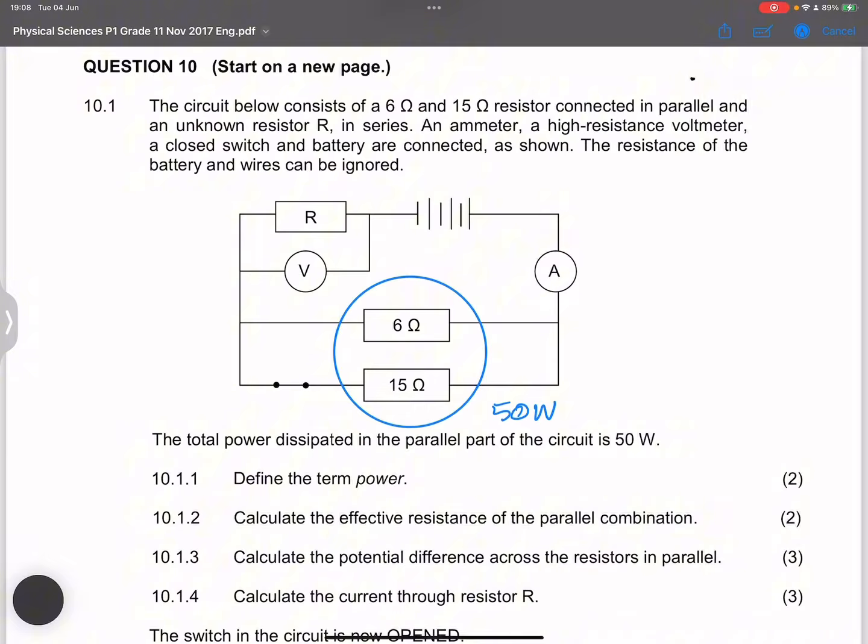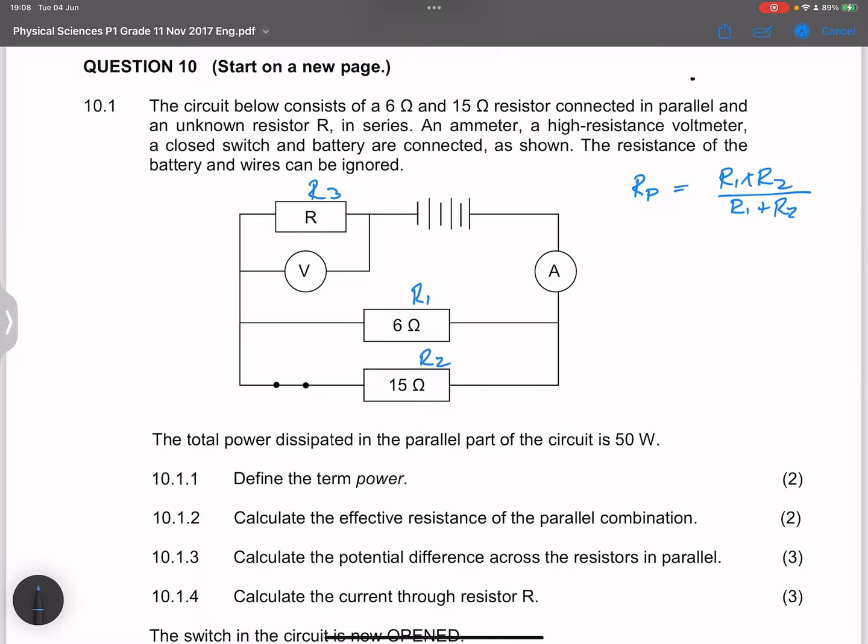So if we want RP, I always say, if we've got two resistors, it will be the product of those resistors divided by the sum. So let's call that R1 and R2. Let's call that R3, right? So it will be R1 times R2 divided by R1 plus R2.